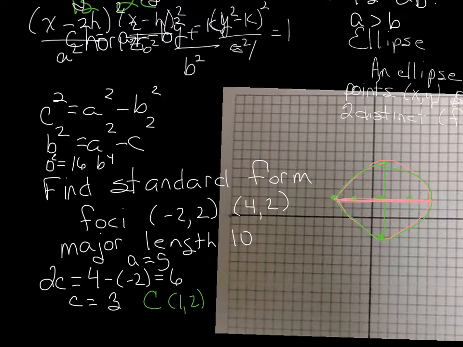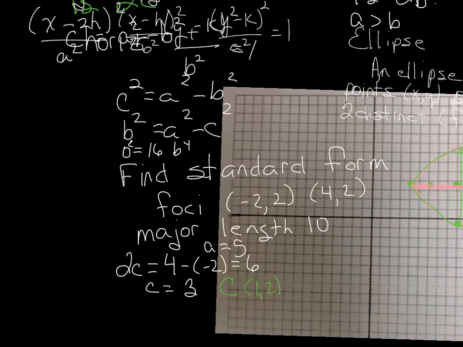The major chord is 10, so that's 2A. That's 5? Yes, A is 5. So if we're going to come up with an equation for this ellipse, I'm just going to move this out of the way.